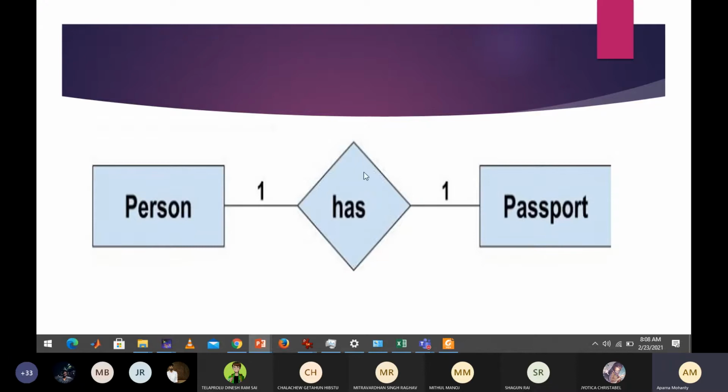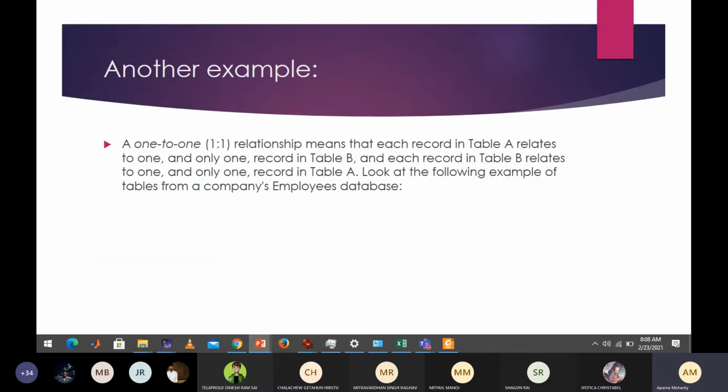Person and passport can be related using this, which is a one-to-one relationship. Every person will have one passport. It's not that one person will have multiple passports. This is just a simple example of a one-to-one relationship.